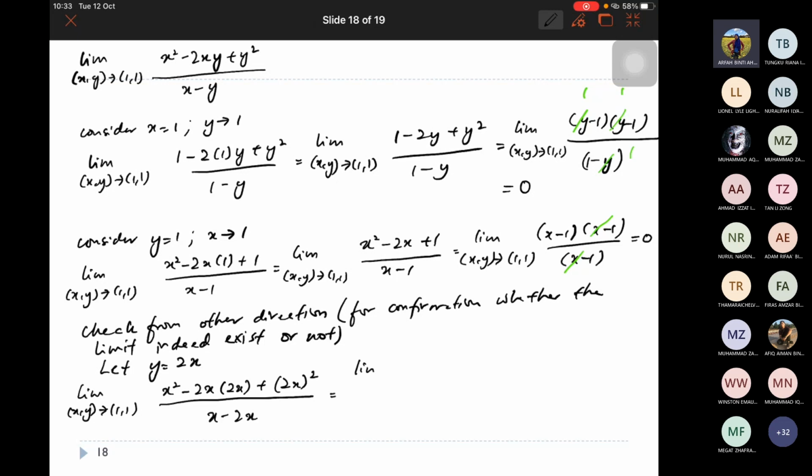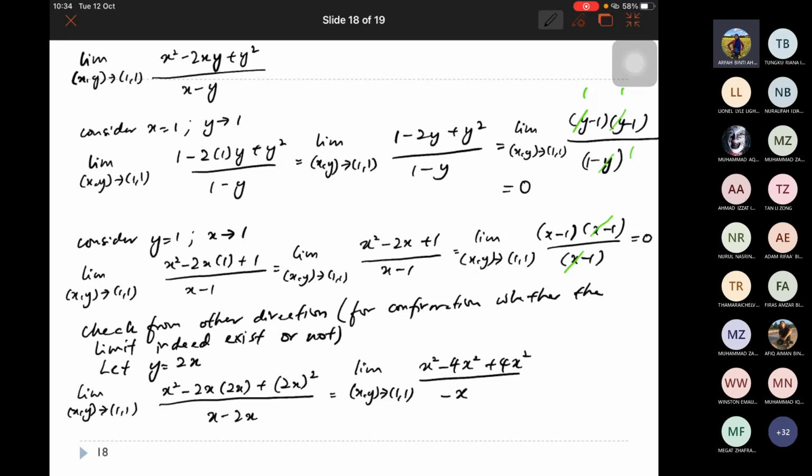It will be equal to the limit of x squared minus 4x squared plus 4x squared over negative x.